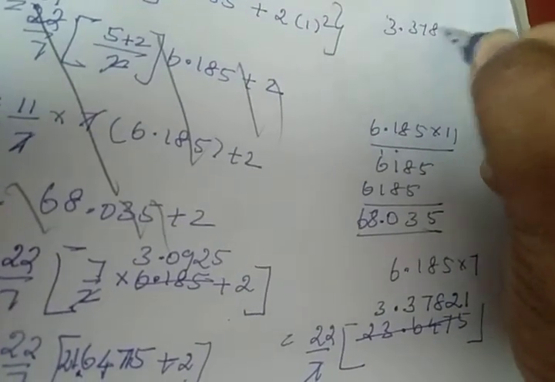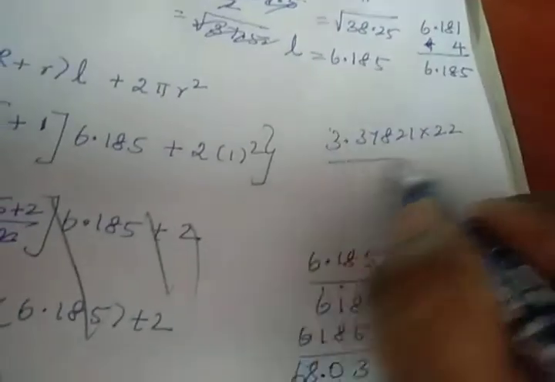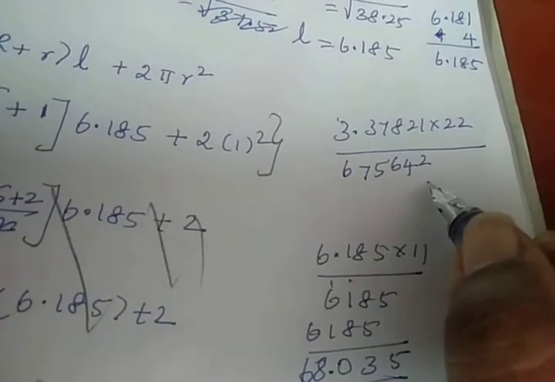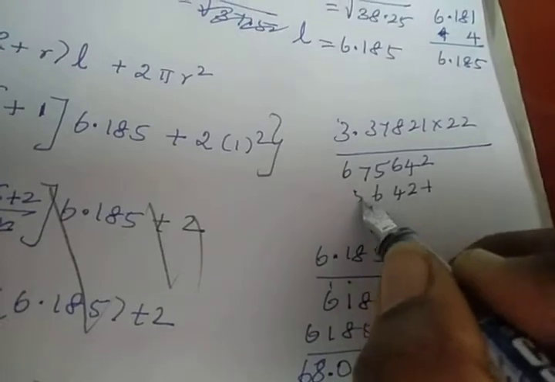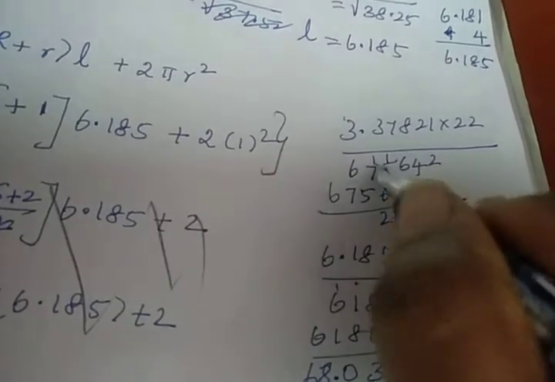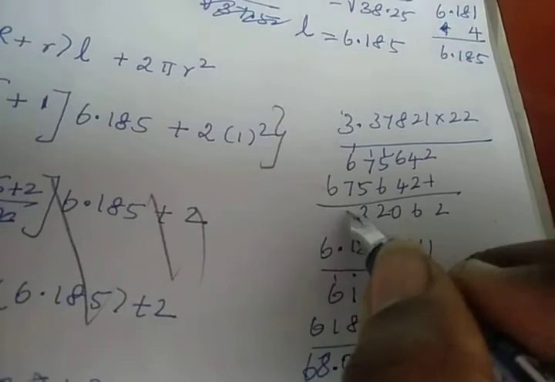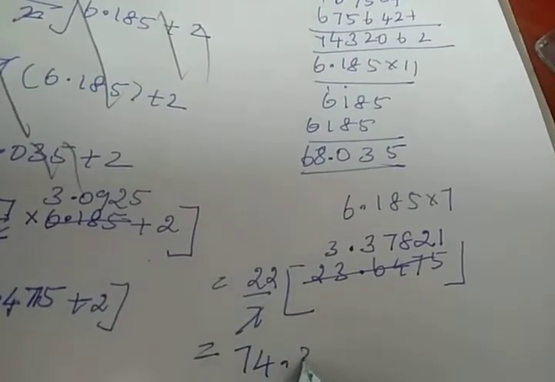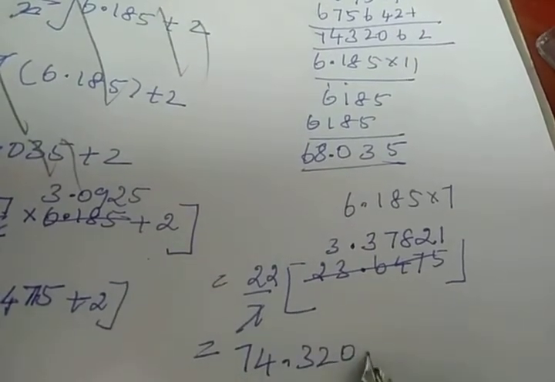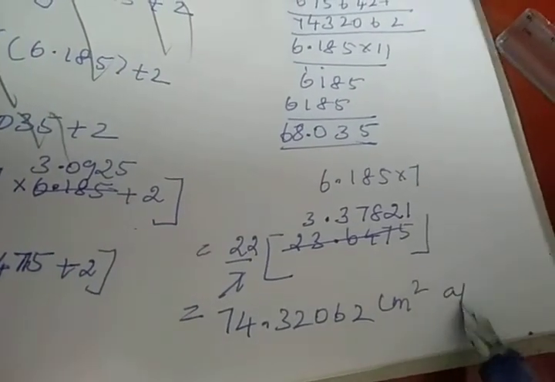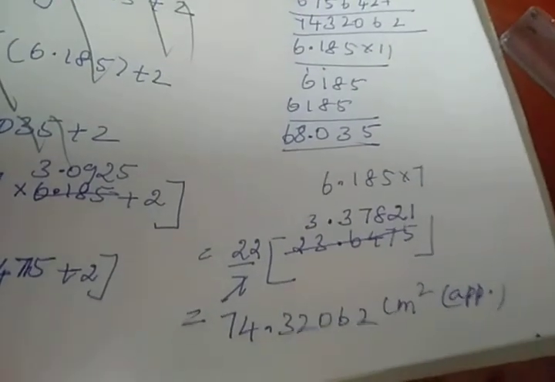When we multiply, the answer is 74.320, 62 centimeter square approximately. So with this, sum number 8 is completed. Hari Om.